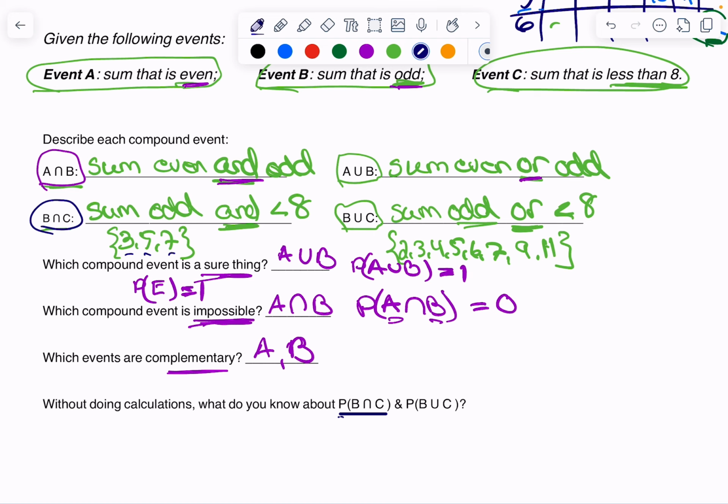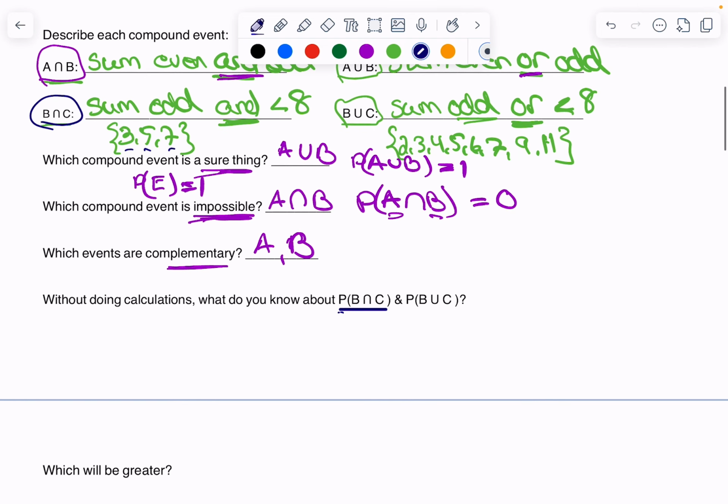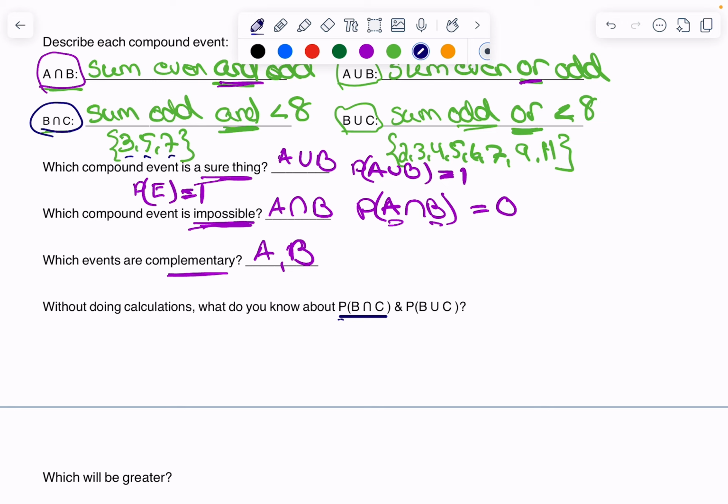So we know that that one is possible, and P is not going to be 1 for B intersection C. And if we look at the probability of B union C here, sum odd or less than 8, well, it's the same thing. They're both possible, and neither one is going to be 1.